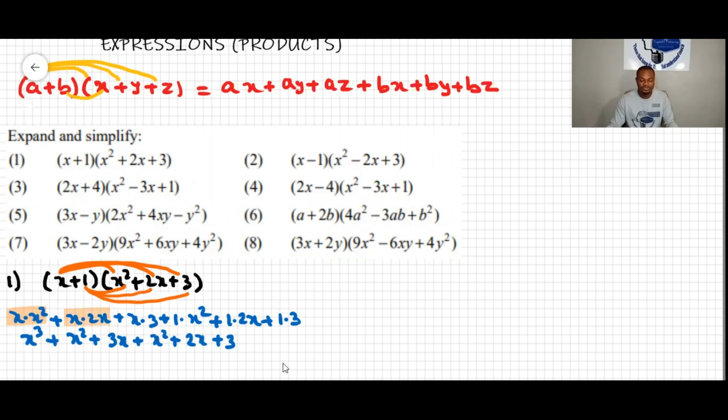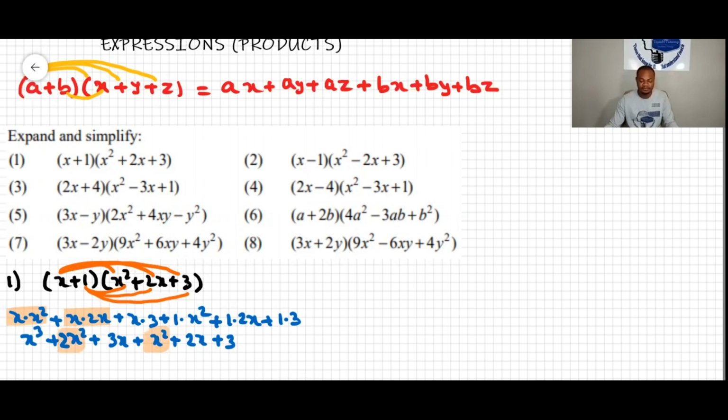Now we're going to check if we have like terms. In this line, do we have like terms? We have x cubed here; is there any other x cubed? No. Is there another x squared? We have 2x squared here and x squared there, so they can be combined.